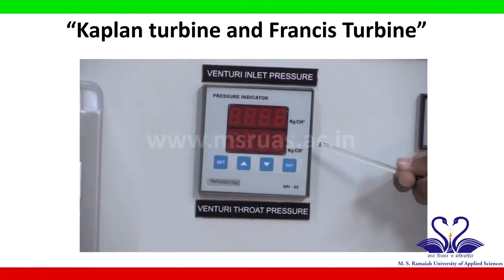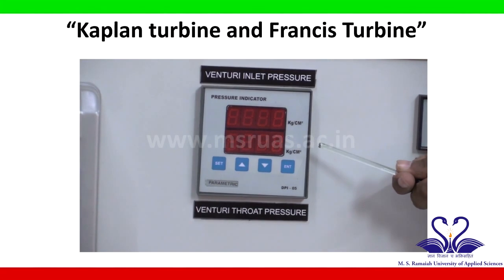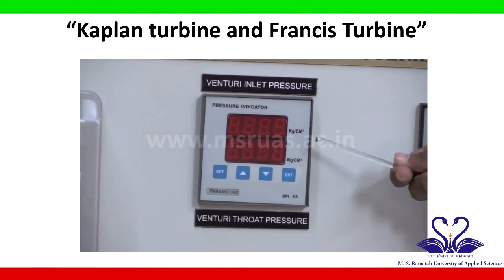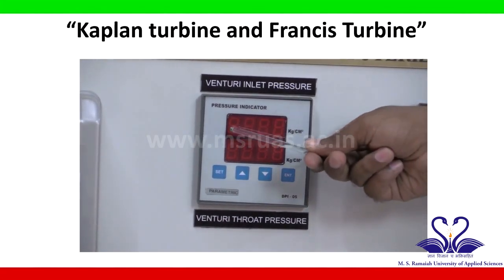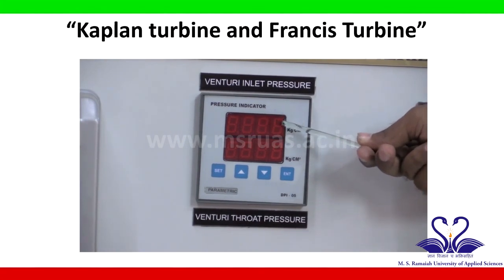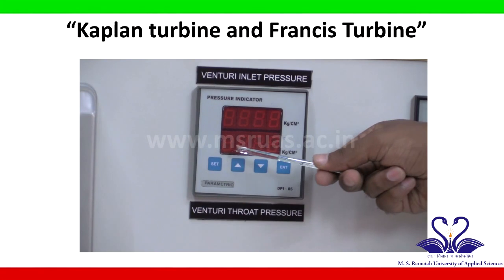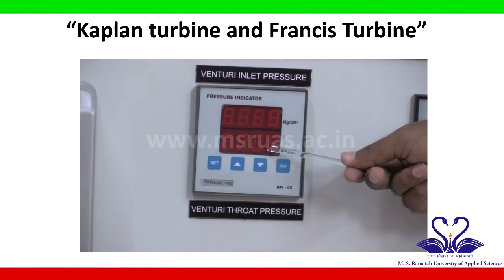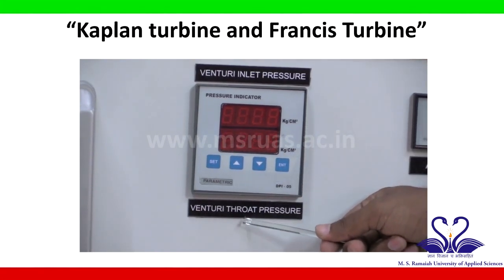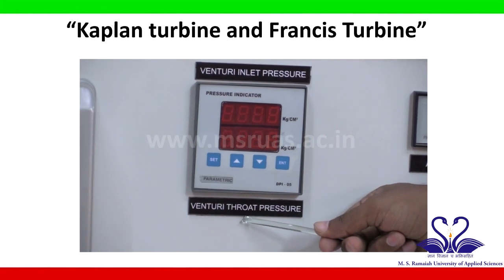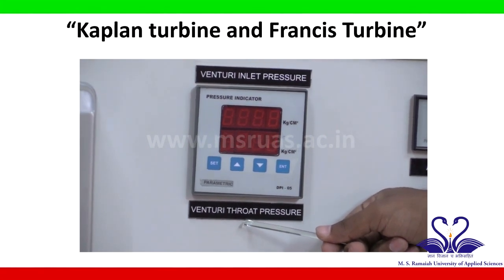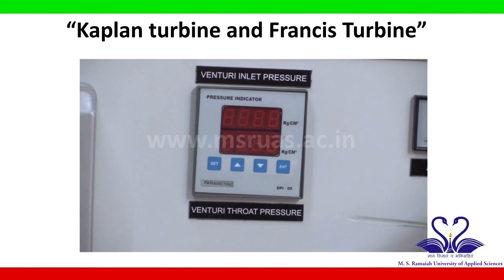We also have a pressure measurement for the venturimeter. Here we get the reading for the venturi inlet pressure, and here we get the reading for the venturi throat pressure. Both these pressures are in terms of kg per centimeter square.